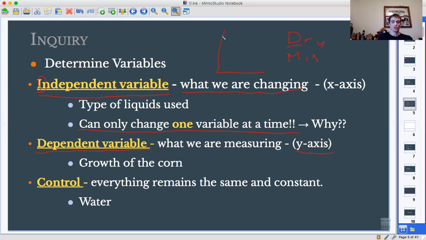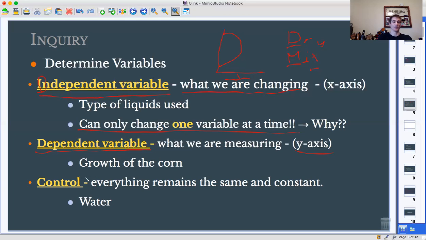On a graph, you can make a capital D with the y-axis. So there's your DRY part of DRY MIX. MIX: the I in MIX stands for independent. M stands for manipulated. The independent variable is also called the manipulated variable, and it goes on the x-axis. I can make a capital I down here with my bottom portion of the graph. If you can remember DRY MIX and you can identify your dependent and independent variables, you can figure out how to place them on a graph.